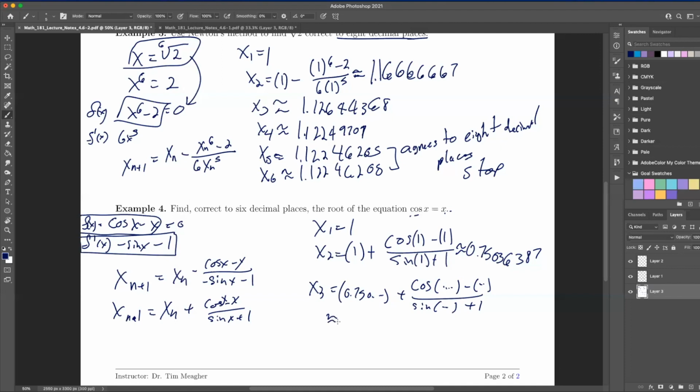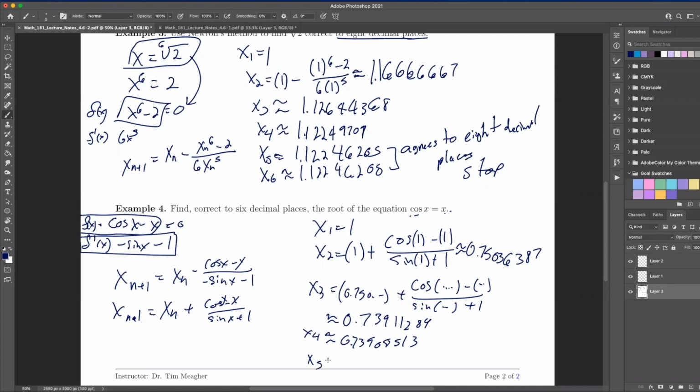And if I do that, I'm just going to use the pre-calculated ones. 0.73911289. And then x4, if I keep running this through, would be 0.739085513. So how many does this agree to? This agrees with 1, 2, 3, and here it disagrees. So at 4, it's disagreeing.